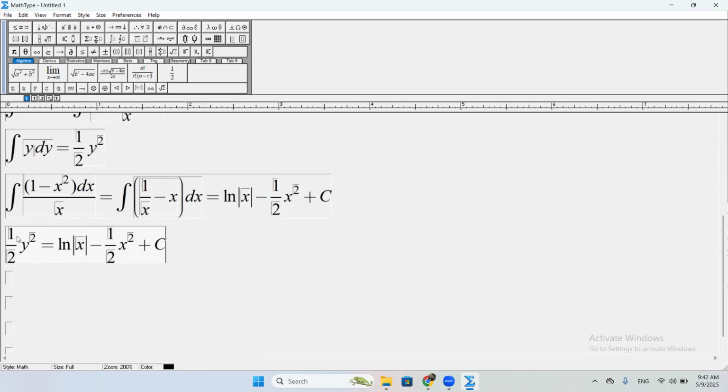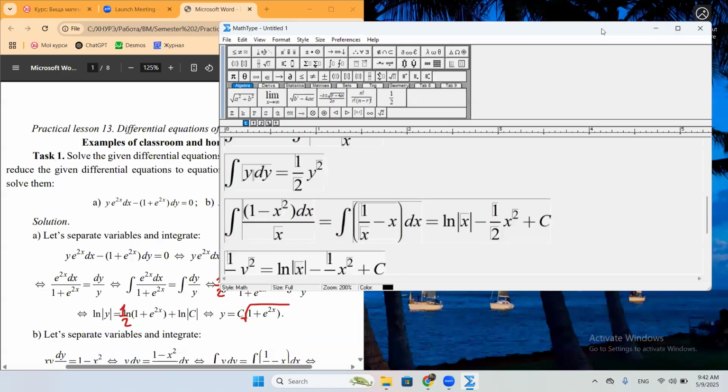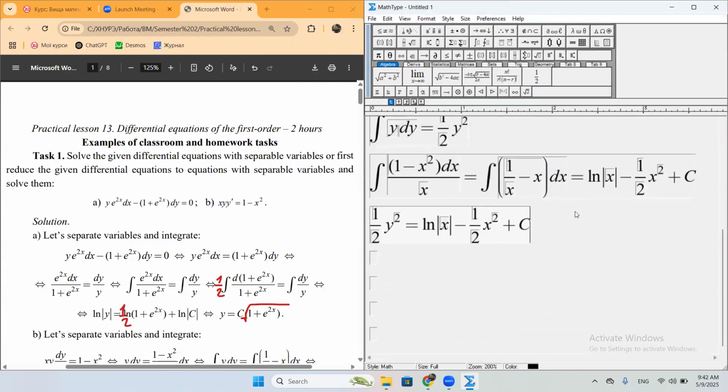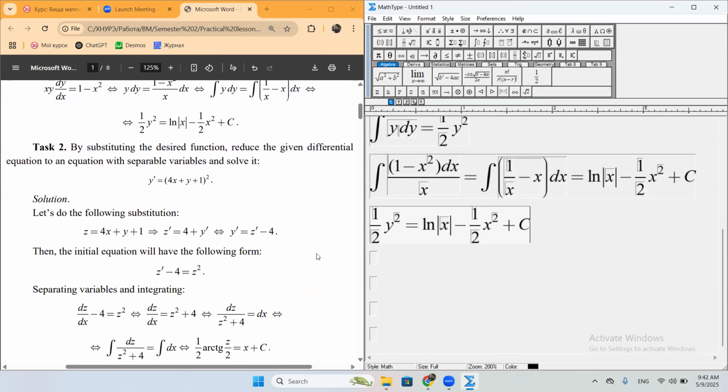Such a form of the answer is acceptable. Any questions about this exercise? No. Okay, if no questions, let's move on.